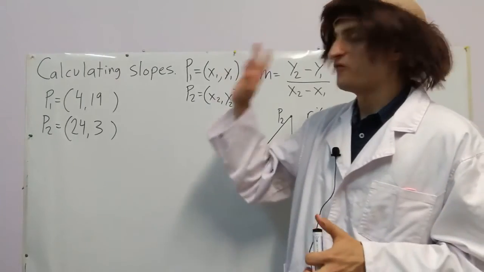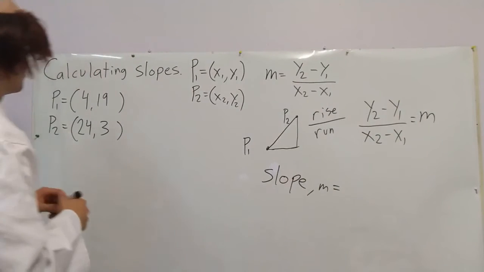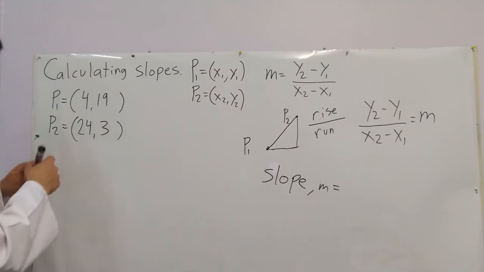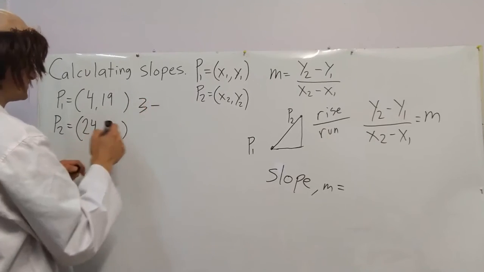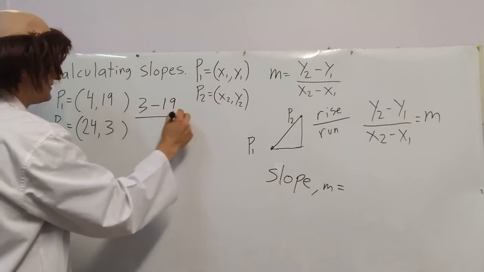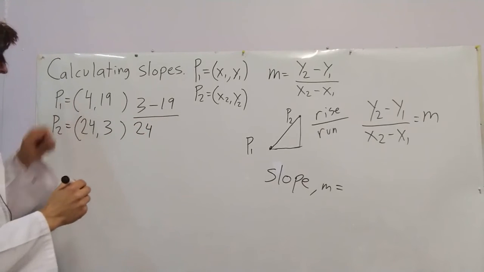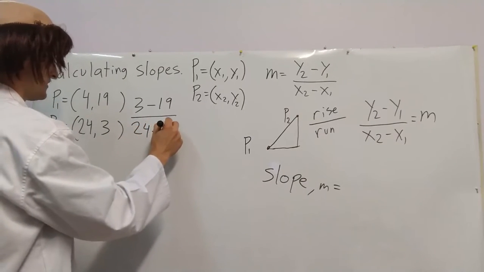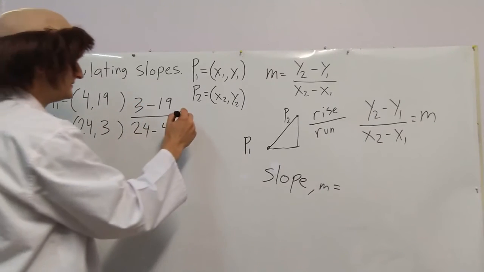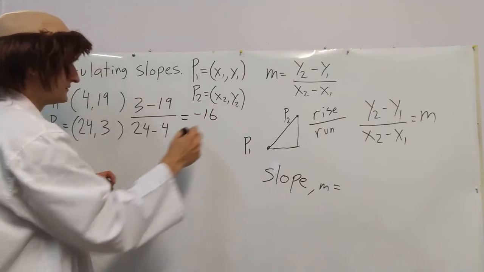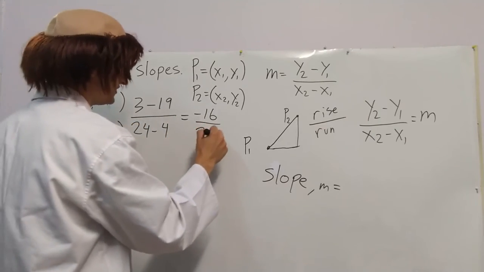Question 1F. Find the slope of the line going between these 2 points. y2, 3, minus y1, 19, divided by x2, 24, minus x1, 4. 3 minus 19, negative 16, over 24 minus 4, which is 20.